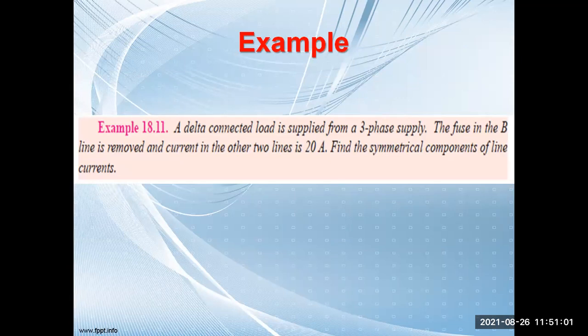The currents in the other two lines, the R phase and Y phase, are given as 20 ampere. We need to calculate the symmetrical components, that is the zero sequence, positive sequence and negative sequence components.